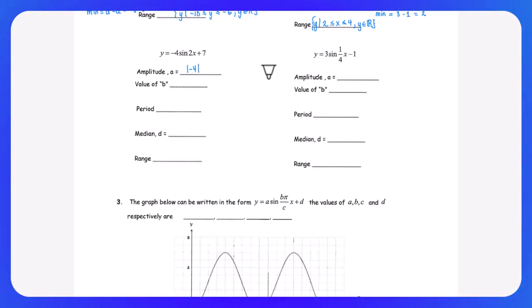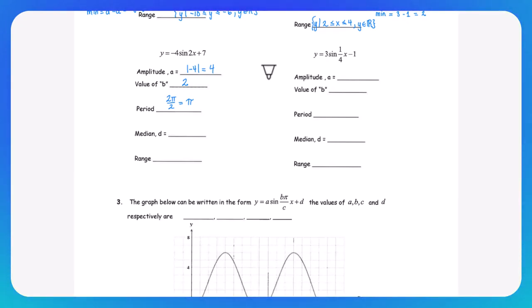Remember, it was all right when the values were positive that we didn't do that, but we got to make sure, because the amplitude is 4. Well, what about the b value? B value, easy peasy, 2, which means our period is 2 pi over 2, which is just 2 divided by 2 is 1. So it's 1 pi, but we're just going to write pi.